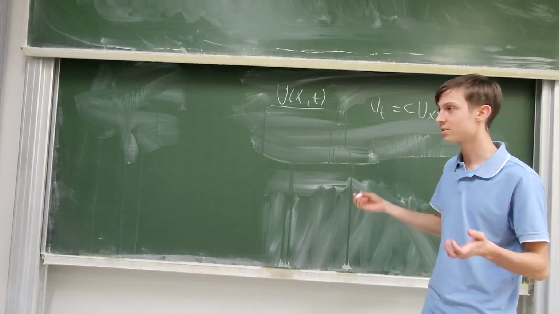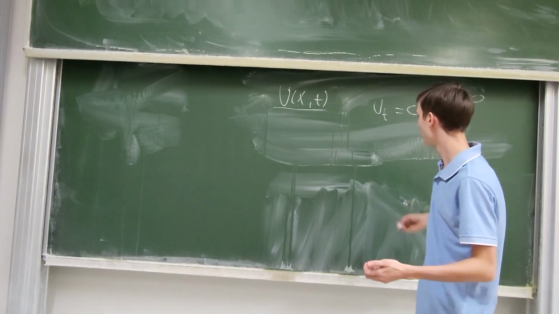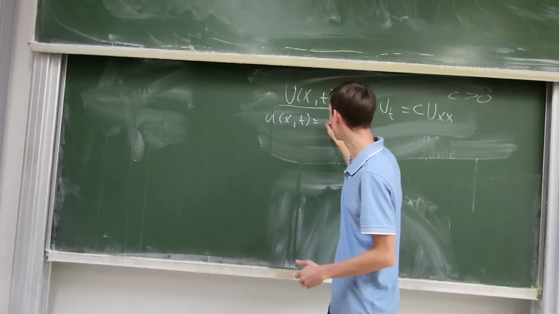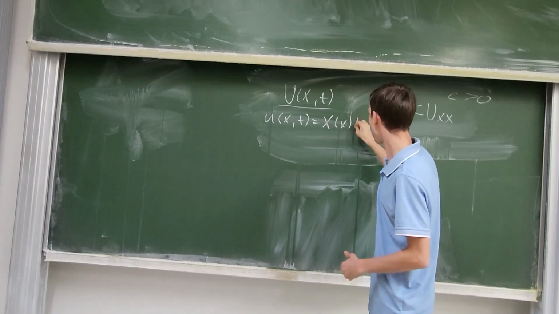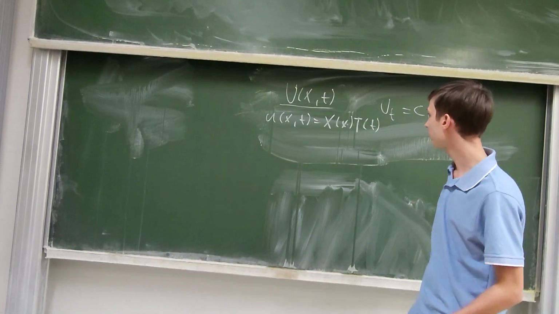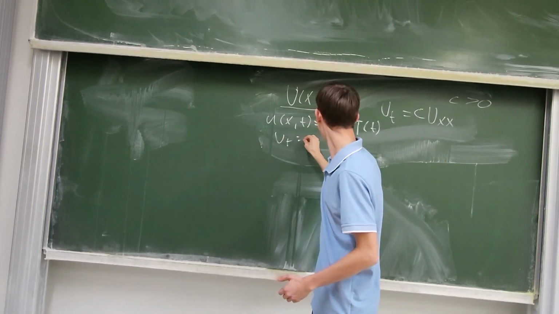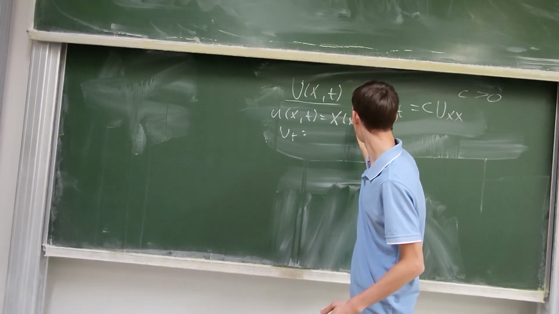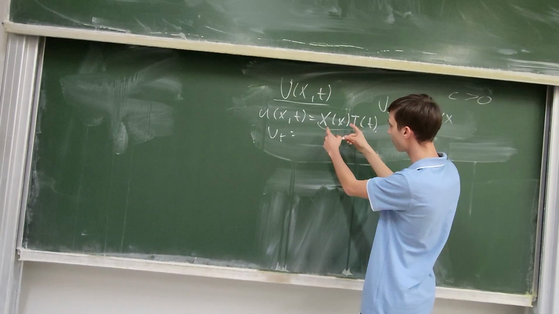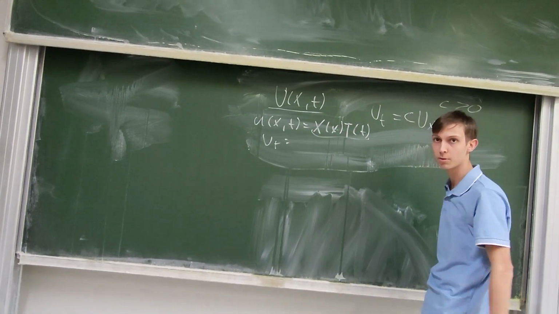And separation of variables is very nice because what it does basically is this: u of x, t, it rewrites as X of x times T of t, as follows. That means the function is written as a single variable function of x times a single variable function of t.